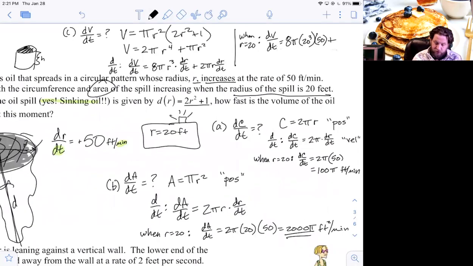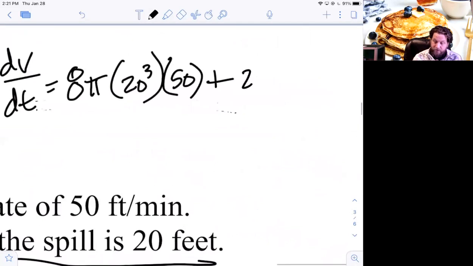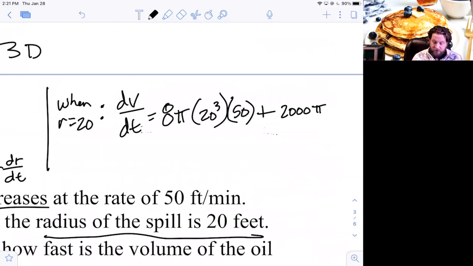So you can either put 2 pi times 20 times 50 again. I'm just going to bring 2,000 pi in there. And you could simplify that if you want to. I'm just going to stop there.